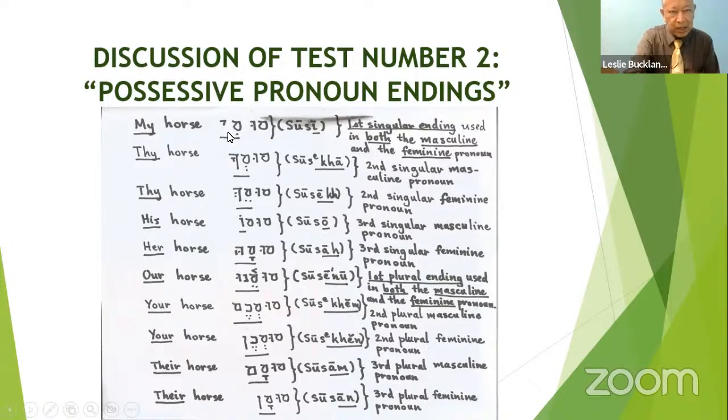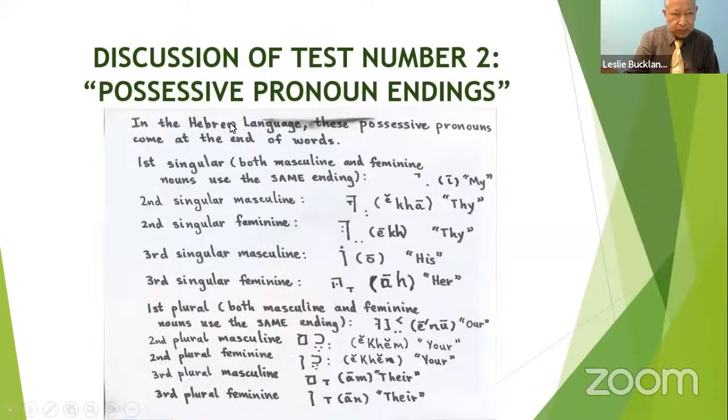I've underlined it. Susi, my horse. The long hirik ending is the possessive pronoun equivalent to my in English. So Sus is horse, but Susi is my horse.